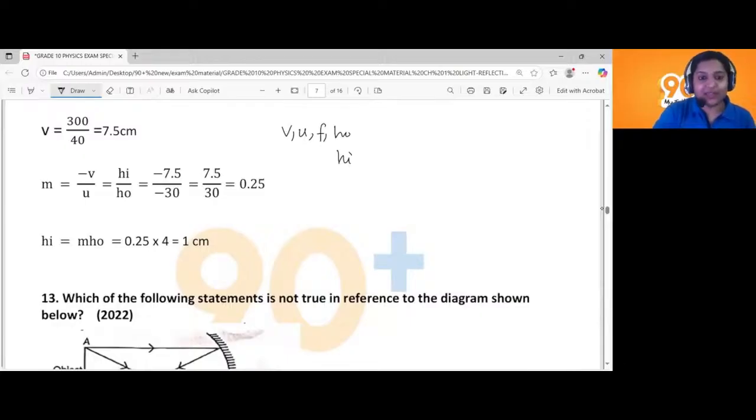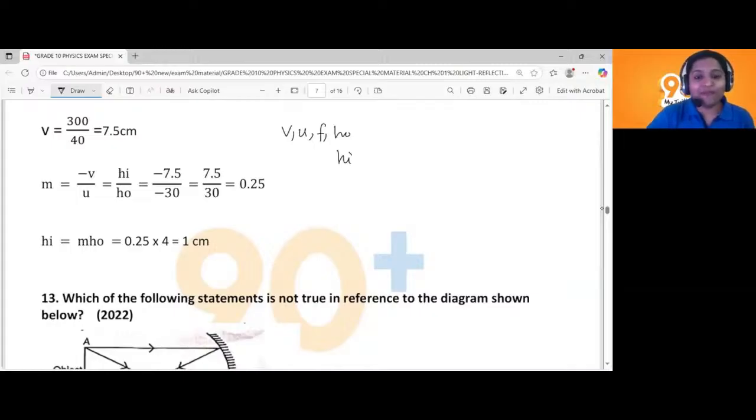Two different relations are there. We are just giving the values for V and U to find the magnification. So magnification is minus V by U. Minus 7.5 divided by the U value, negative 30, given in the question. When you divide it, you will get the answer 0.25. There is no unit for magnification because magnification is a unitless quantity.